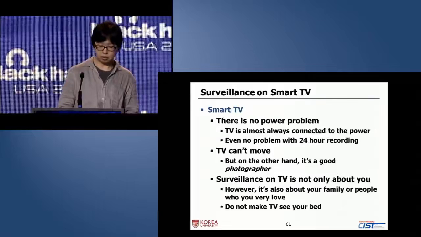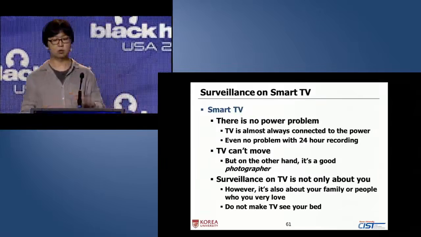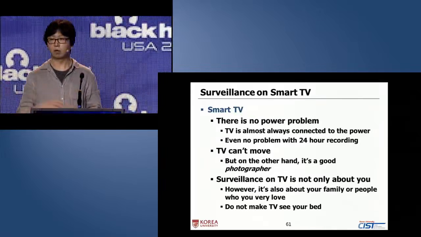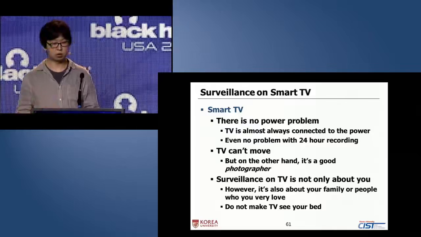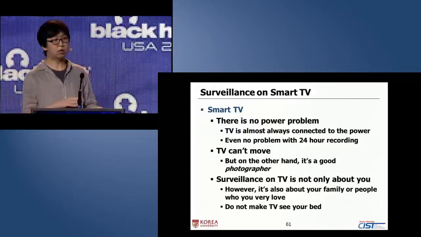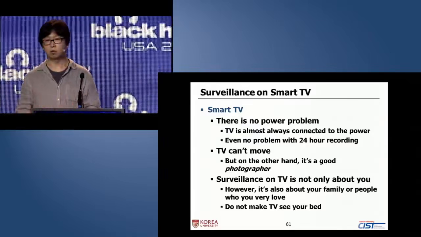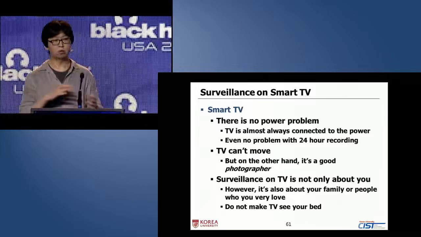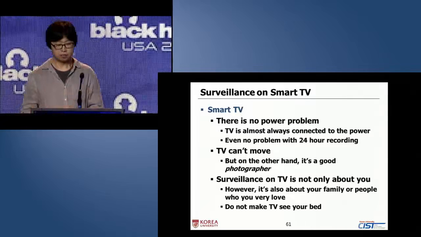Against smartphones, a smart TV is always connected to power, and you could record via camera and mic 24 hours. Of course, a TV cannot move, but on the other hand, a TV is a really good photographer, so it can watch you very well. And of course, the photos from a smart TV are really nice.